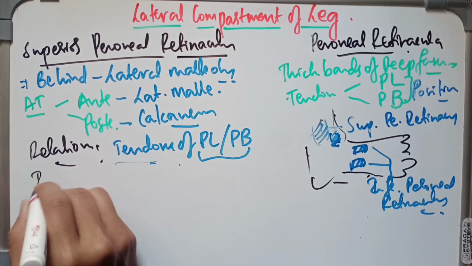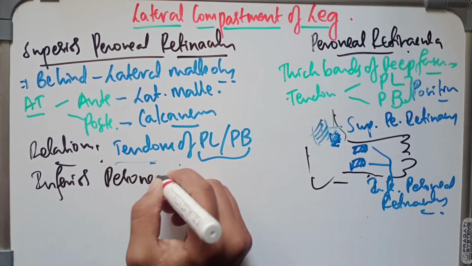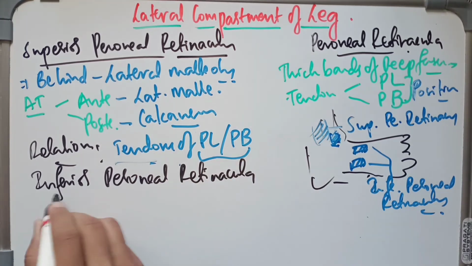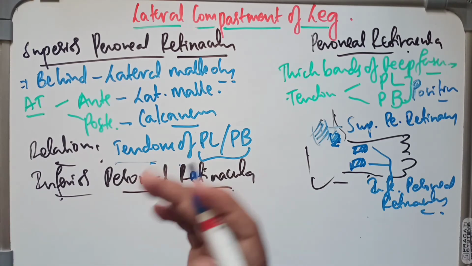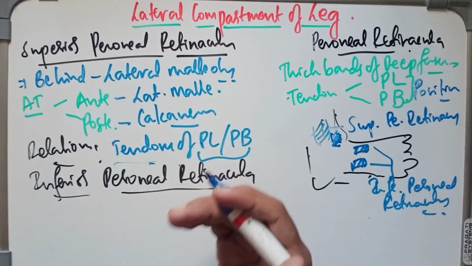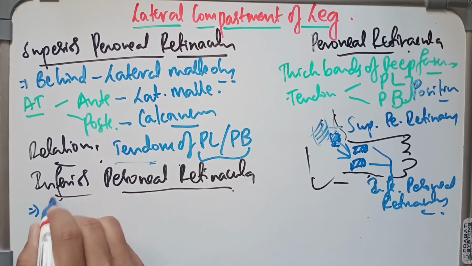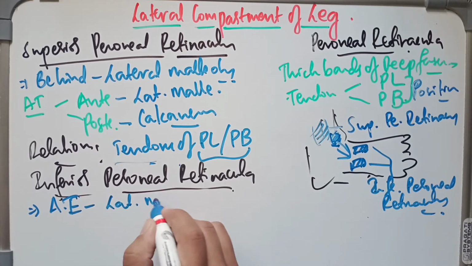Now moving on to the inferior peroneal retinaculum. Again it is a thick fibrous band of deep fascia, and it is situated anterior and inferior to the lateral malleolus.